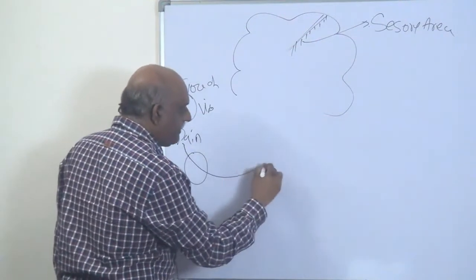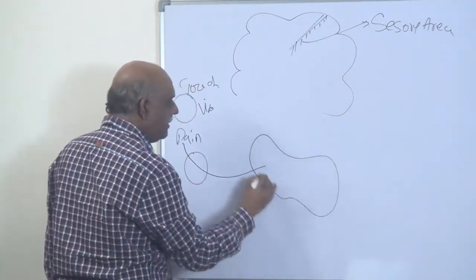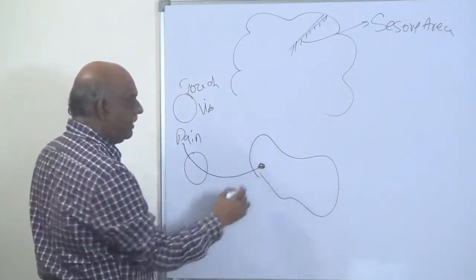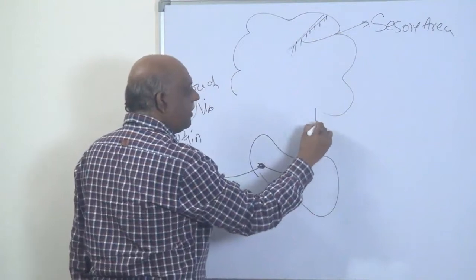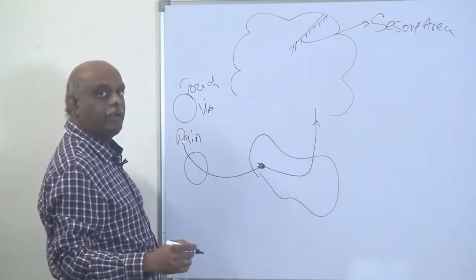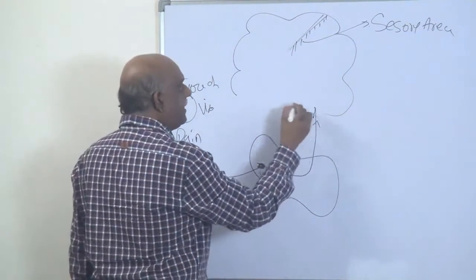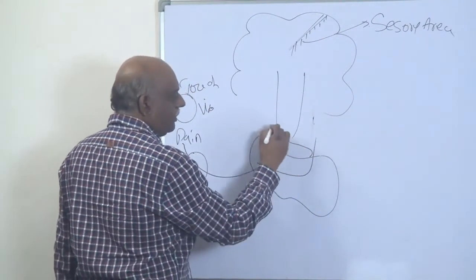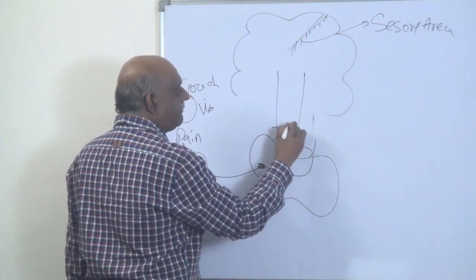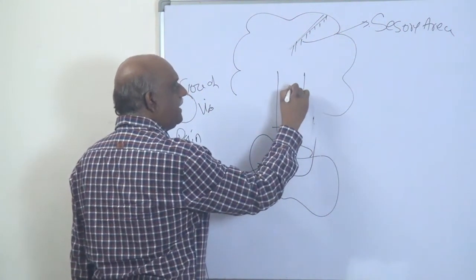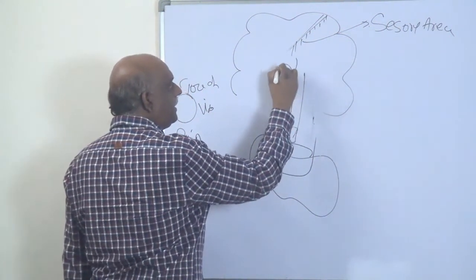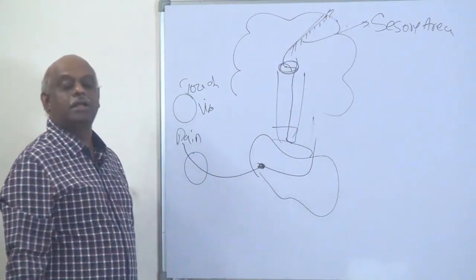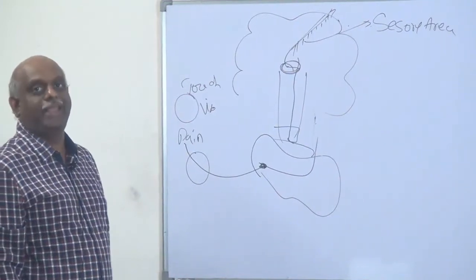The pain receptors reach the spinal cord, and from the dorsal horn, they immediately decussate to the opposite side. They become the anterolateral spinothalamic tract. They ascend up and reach the lower medulla, and from medulla they will ascend up and ultimately reach the thalamus, and from thalamus they get relayed into the somatosensory area 1.